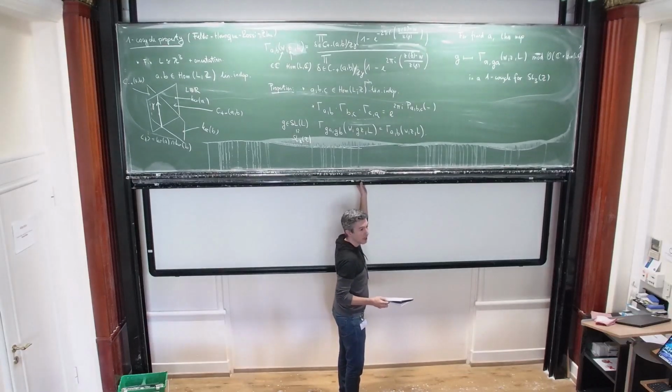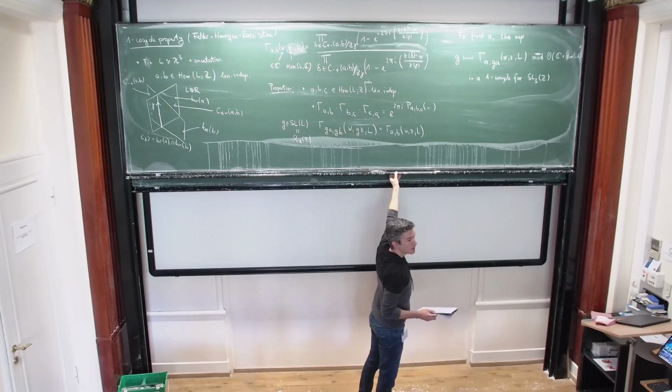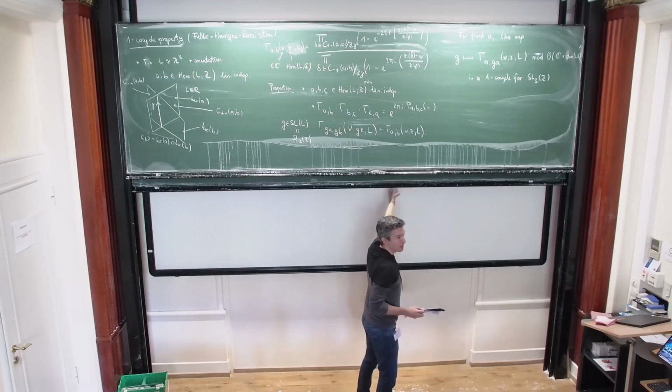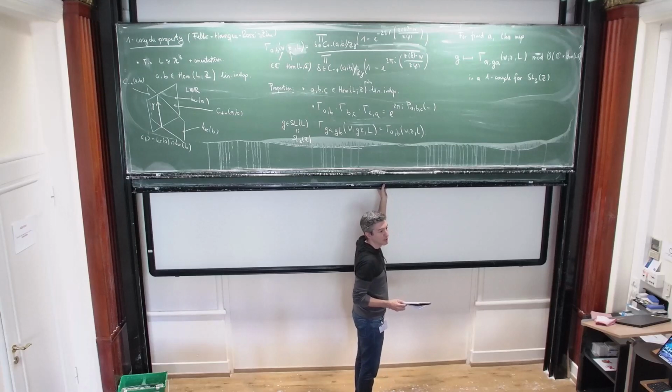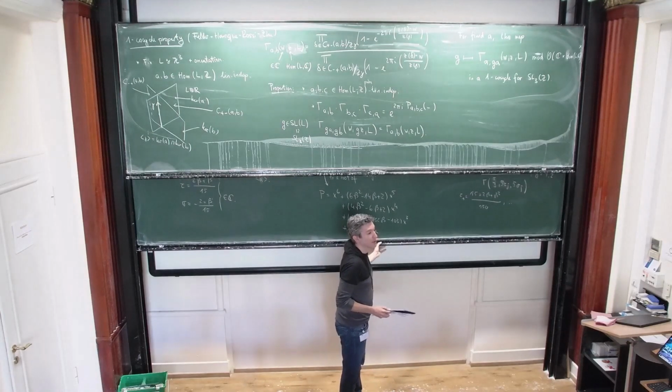What are the variables? That's W and Z. Z is a functional on my lattice, a complex-valued linear functional, and W is just a complex number.